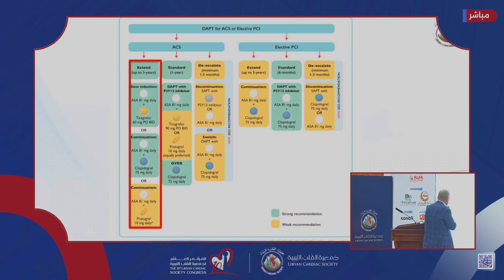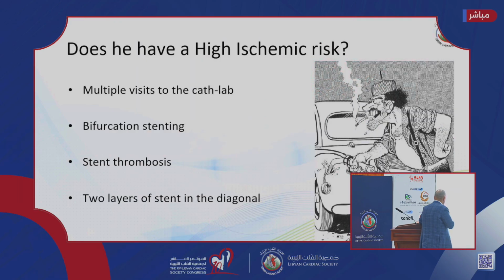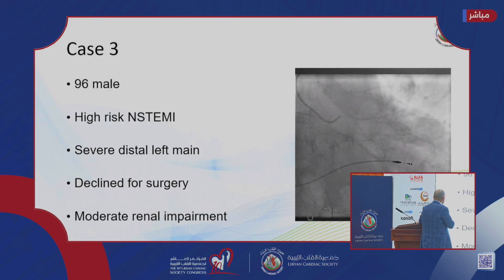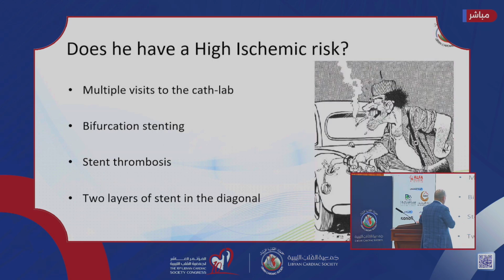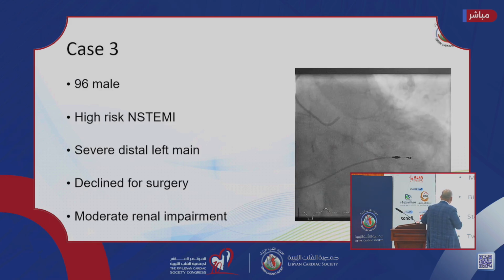There's not as much data for prasugrel, as such it's a weak recommendation. So in this patient, I actually recommended that he continues with aspirin and ticagrelor beyond the 1 year from his event, as he is someone who I'm more worried about ischemia as opposed to bleeding.